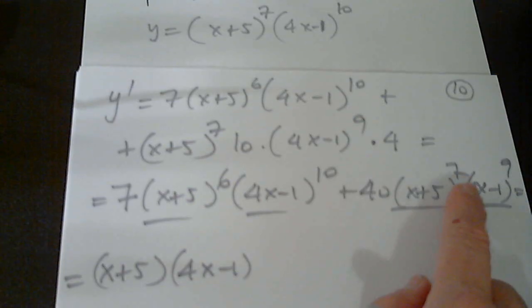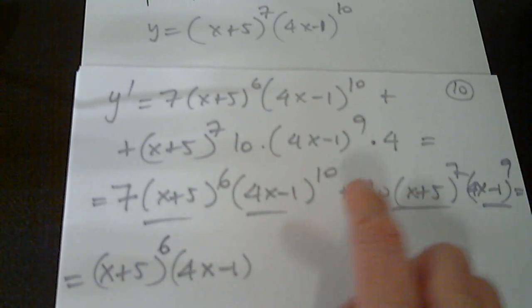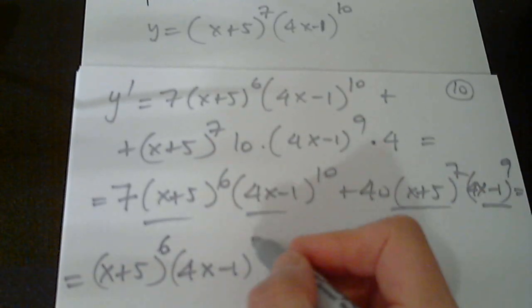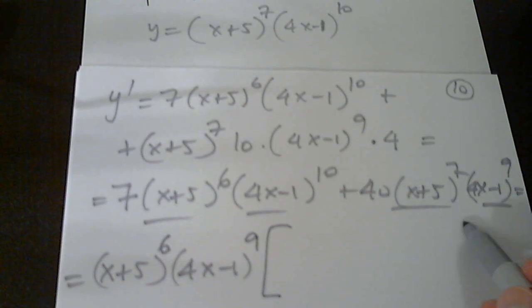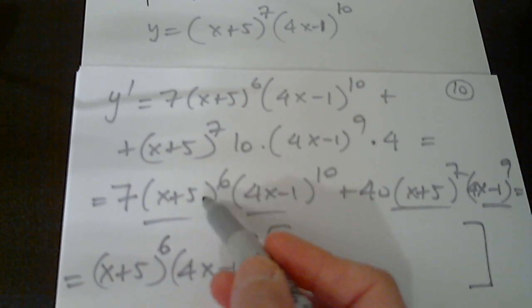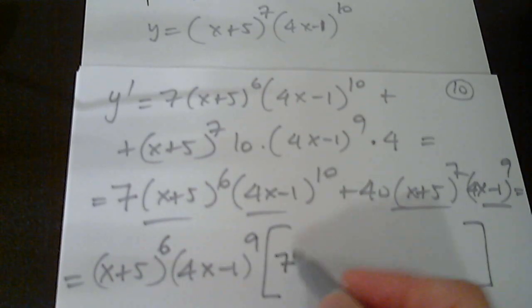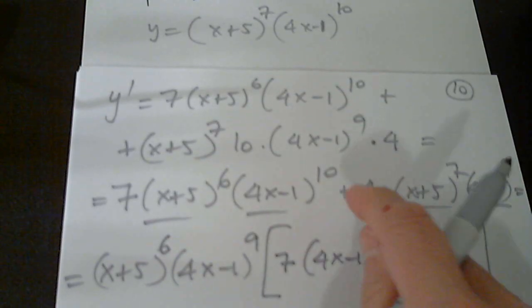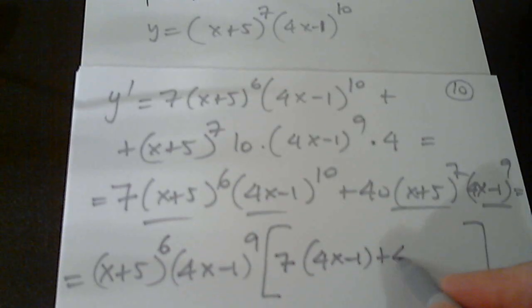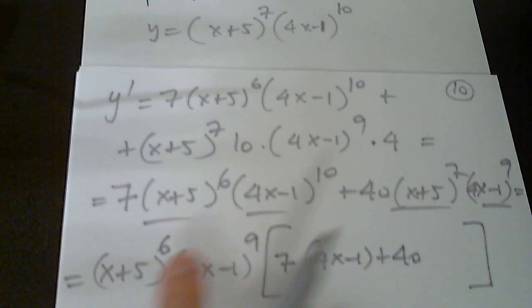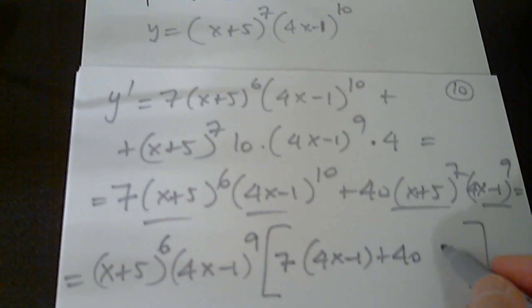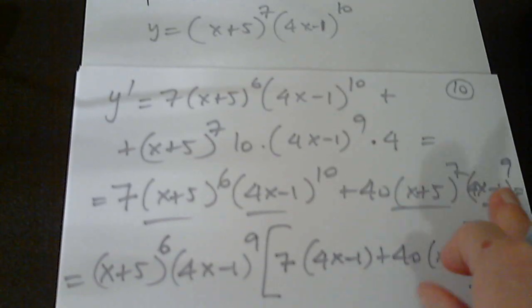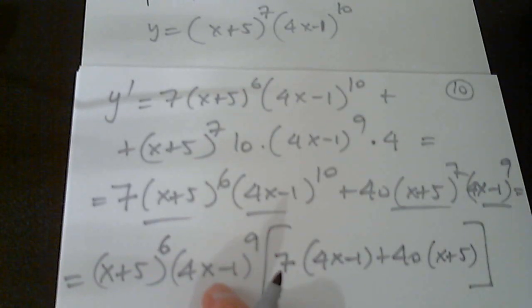Power 6, power 7, it has to be 6. Power 10, power 9, it has to be 9. Out, 7 is still in, and one of these is still in. Now I'm here with plus 40. This, 6 of them are out, so 1 is still in, and all these 9 are out.